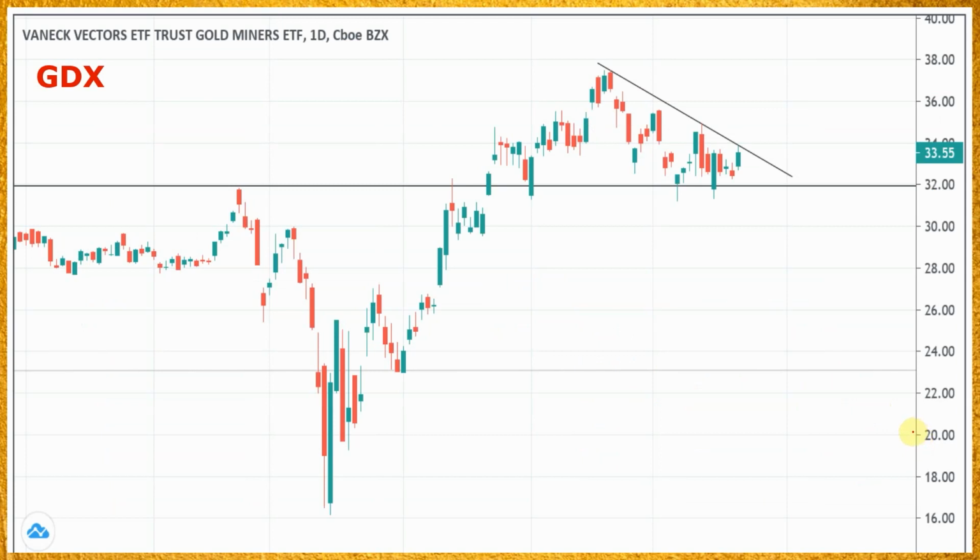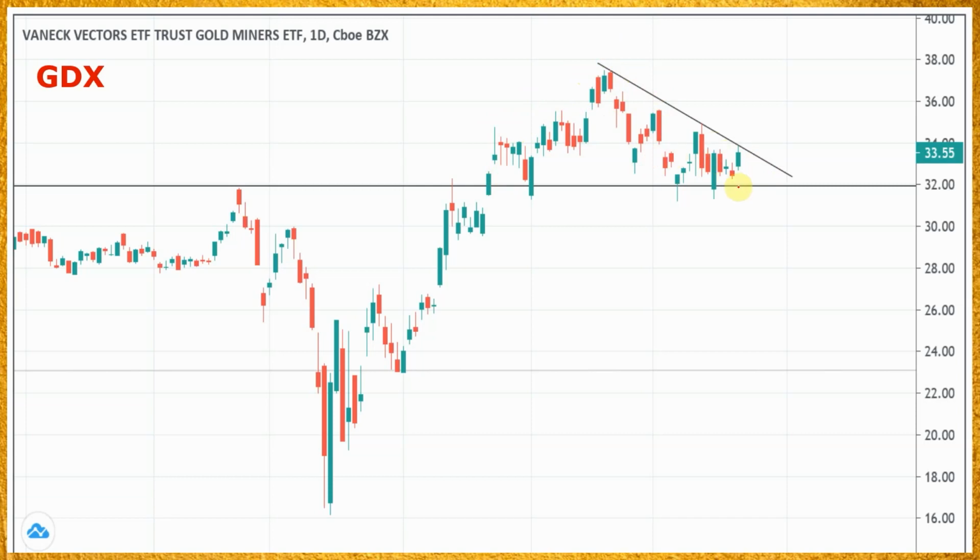Let's look at the GDX on the daily scale. And we've got this line here just around 32, which has been a 7-year resistance level, which we broke through back in roughly March. And I was a little bit skeptical of this breakout. However, it did continue to rise to 38, but then since then, it's been a little bit weak.